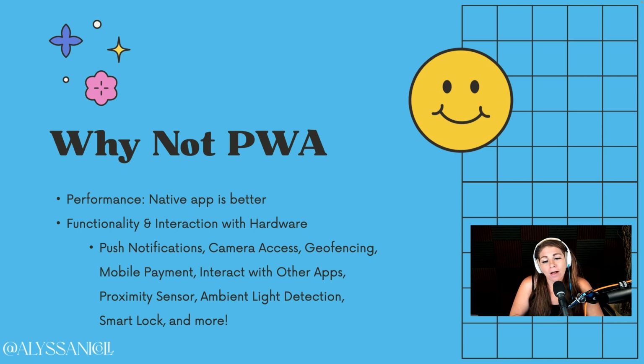There is some interop needed to obviously let your JavaScript know about these things over here, right? Making those APIs meet. But this is a really, really good reason to not use the PWA because, push notifications, camera access, geofencing, the list goes on. There's lots of really cool features that you can utilize if you go native.